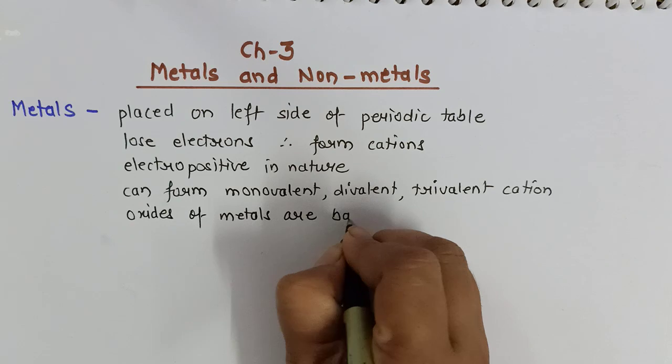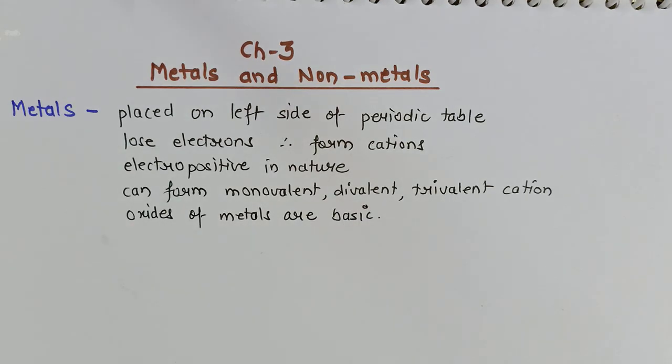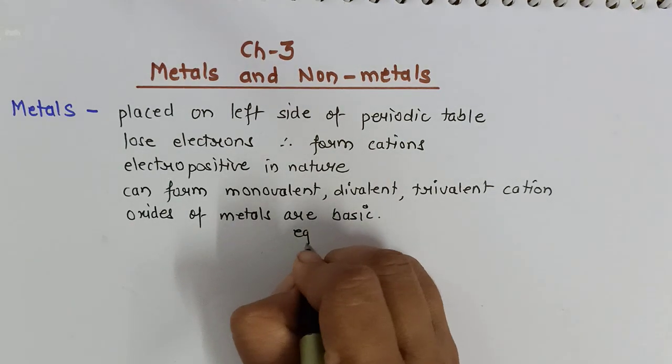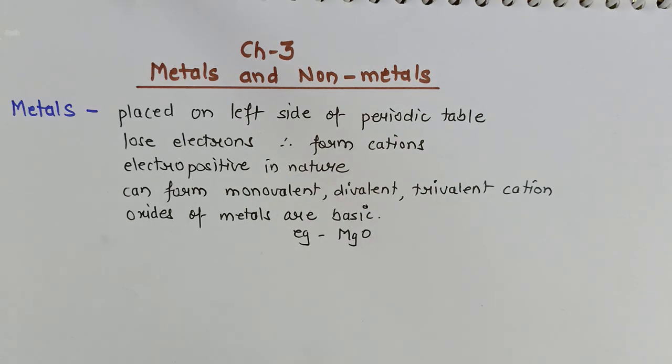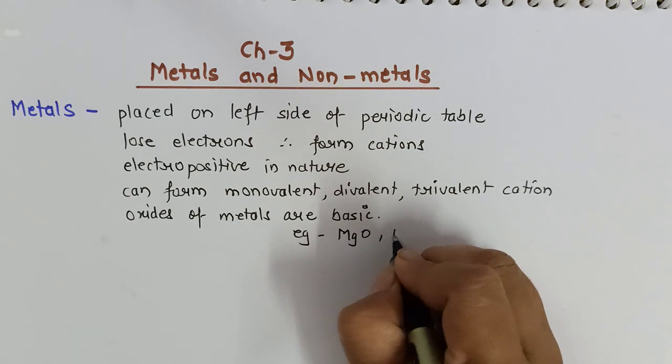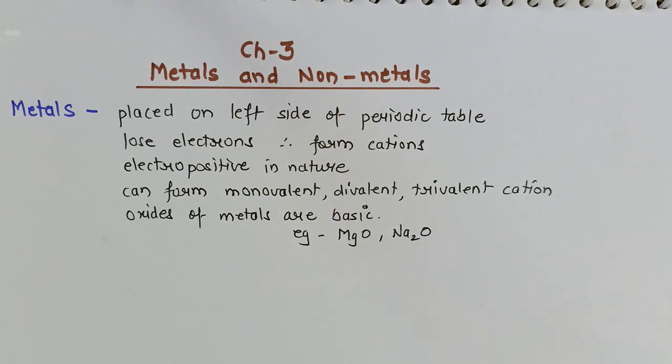This we have studied in our first chapter also, that metal oxides are basic in nature. For example, magnesium oxide when dissolved in water forms magnesium hydroxide, basic in nature. Sodium oxide when dissolved in water forms sodium hydroxide, therefore it is basic in nature.